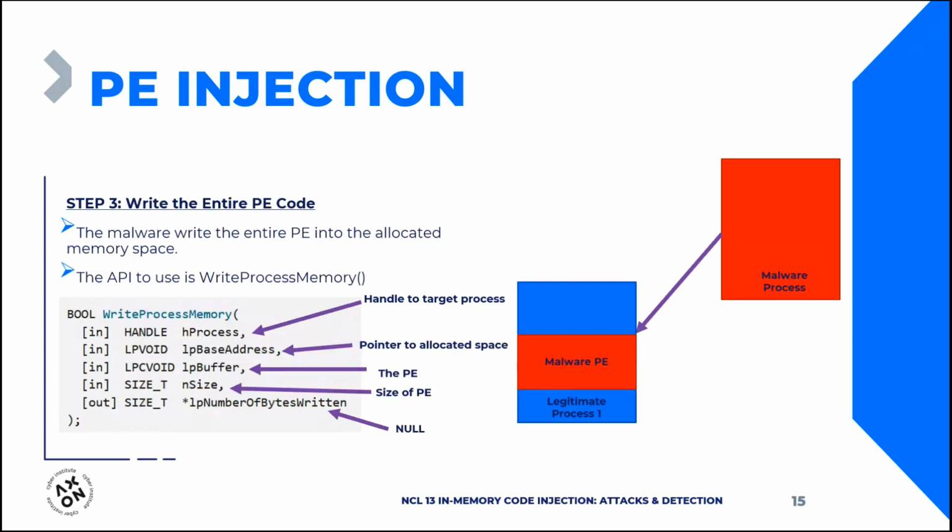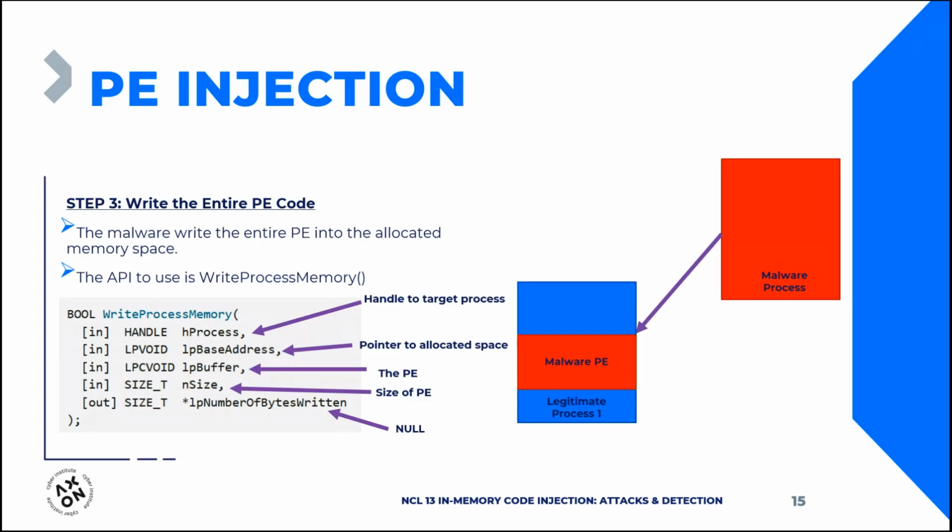So once I have the memory allocated and reserved for me using VirtualAlloc, now I can write to it. I write to it using the WriteProcessMemory API, the same API we used in the previous technique.